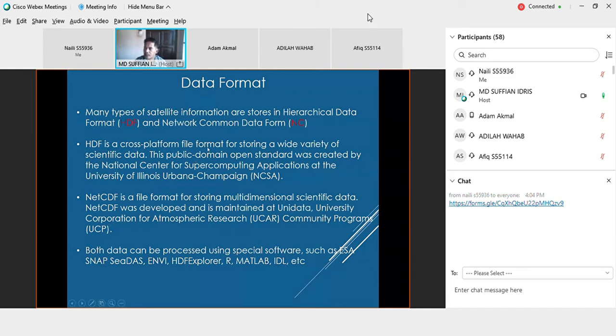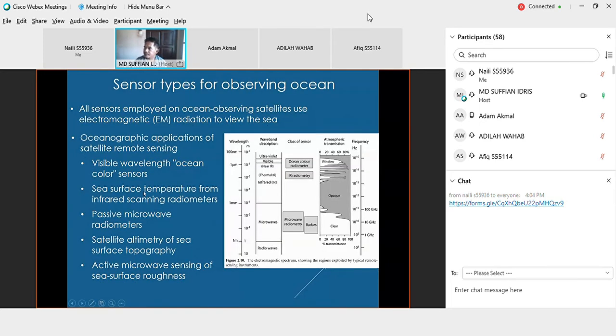So data-data ni kita boleh guna dalam banyak software. Sama dalam ISAS, NV, you boleh guna juga, I'm not sure, HDFs, mungkin you boleh pakai dalam ArcGIS. Dan juga you boleh pakai untuk R, MATLAB, IDL, dan sebagainya.